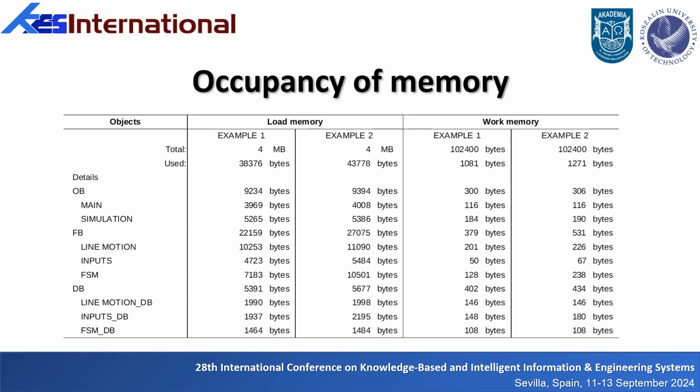In the case of example 1, the implementation of the control algorithm itself includes the following blocks: main 3969 bytes, FSM 7183 bytes, and FSM DB 1464 bytes. This gives a total of 12,660 bytes.